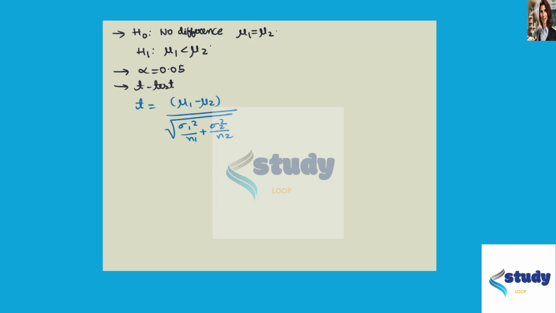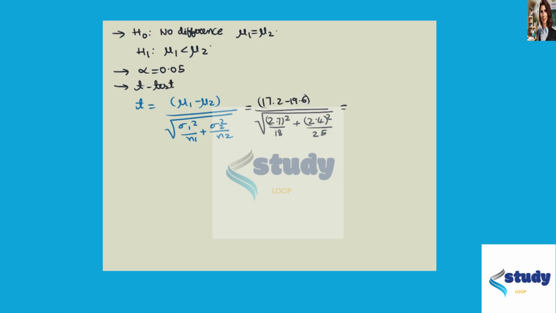Now let us substitute the values in this, which equals 17.2 minus 19.6, and this is a whole divided by the square root of 2.7 whole squared divided by 18 plus 2.4 whole squared divided by 25.